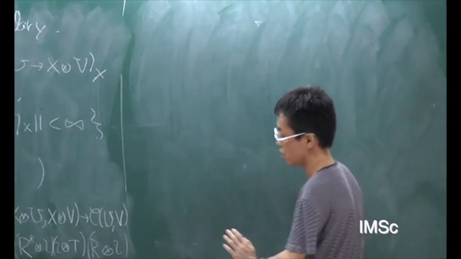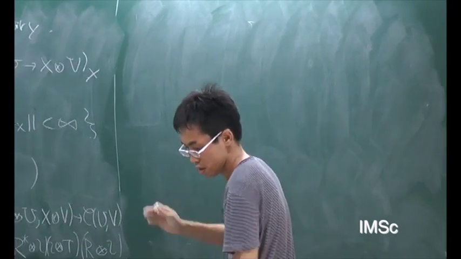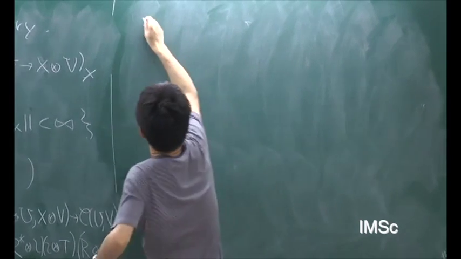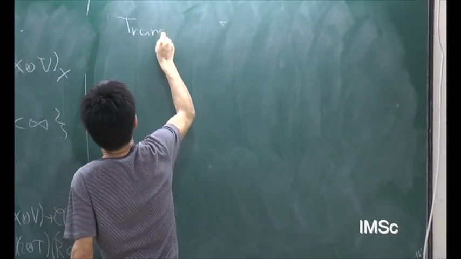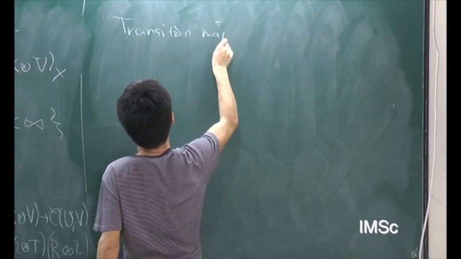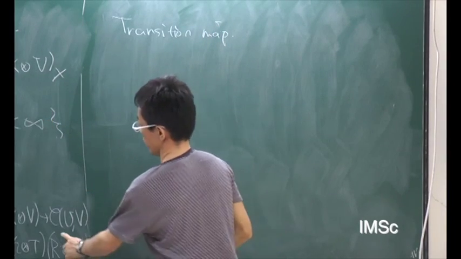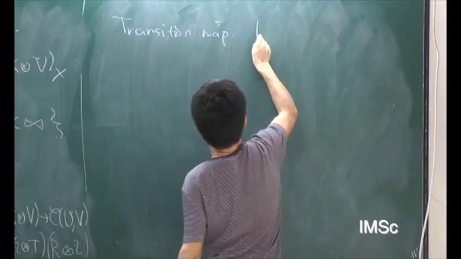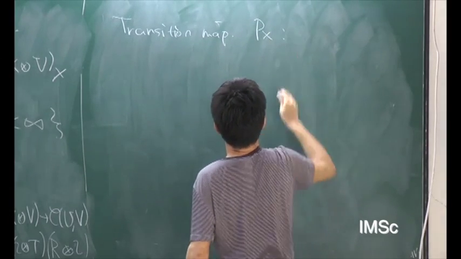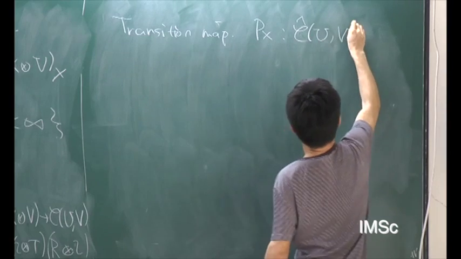But we can also move the u and v freely. That's the point. So the transition map is acting on this C hat, given by this p_x.